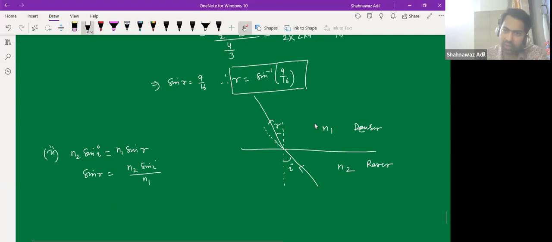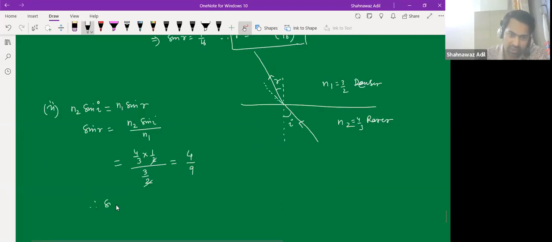So N1 was how much? This was 3 by 2, and N2 is 4 by 3 into half, and then divided by 3 by 2. So this 2 and this 2 will cancel, and it will be 4 by 9.